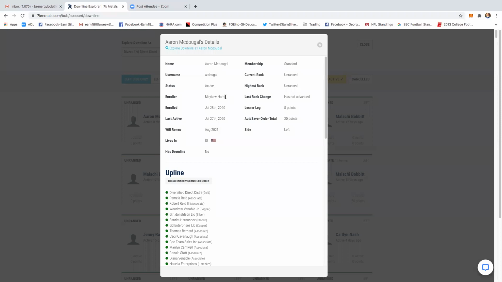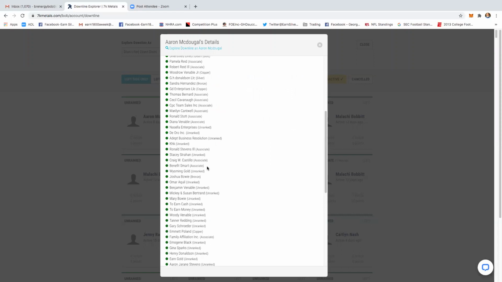It was Matthew Harris. You can also see that he's on the auto saver. Coming very shortly, this box will also include the date that they signed up to get their auto saver. It's not there yet, but that's one of the programming enhancements that will be coming. It also tells me they live in Indiana.